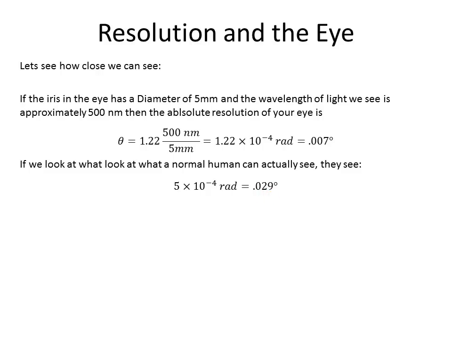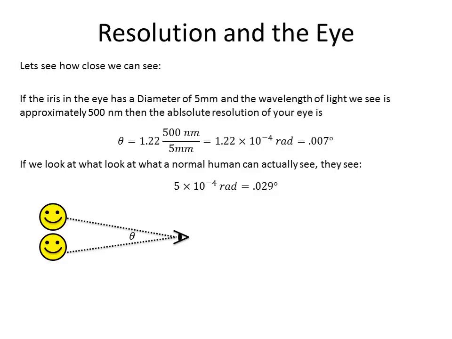So it's only about 4 times larger, the angle that our eye can see than what the absolute limit is for our eye, which is just kind of remarkable that our eye can see that accurately with how all of our bodies are made, and different people have different eyes and all that stuff. So the absolute optical limit is only about 4 times better than what we actually can see.